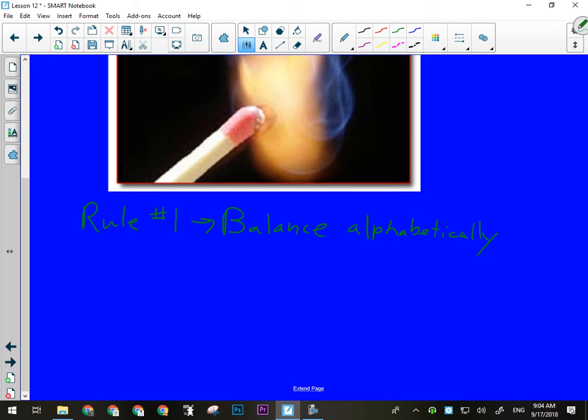Balance alphabetically. Carbon, then balance hydrogen, then balance oxygen. Always balance oxygen last.